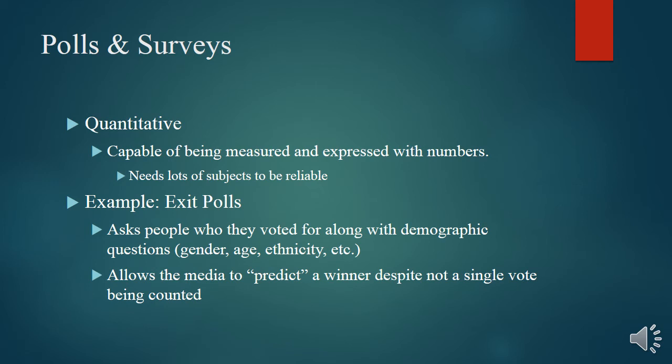And maybe some other demographic information, right? Your gender, your age, your ethnicity, and things like that. And that is how the media, various news channels, are able to try to predict a winner despite no votes actually officially being counted at that point, on election night. So polls and surveys render locational data, maybe like exit polls, for geographers.